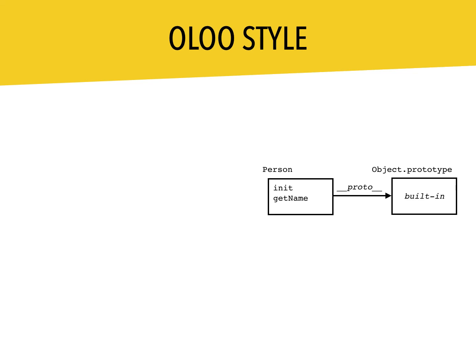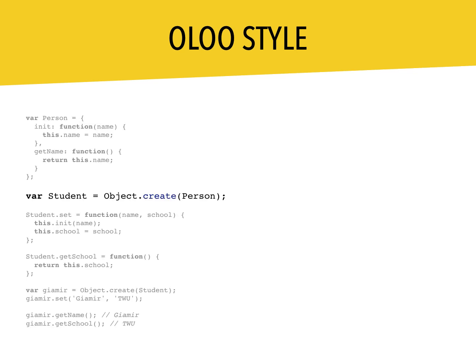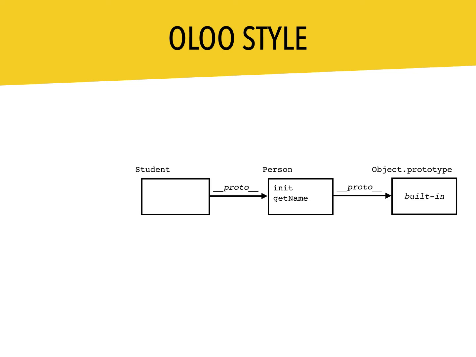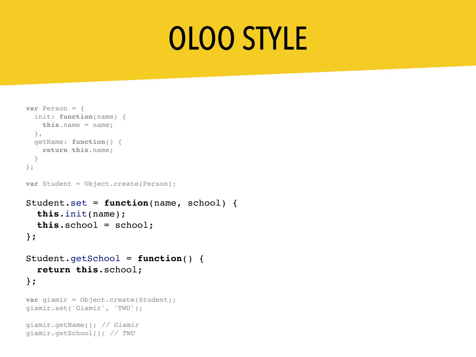Now we want to create a student object, and for this I want this student object to be able to use all the methods that are in person. So how can I do that? I can just create a student object linked to person, and to do that I can definitely use the object.create method. Now we're here, and I can add some specific methods for student. In this case I have a method set and a method getSchool.